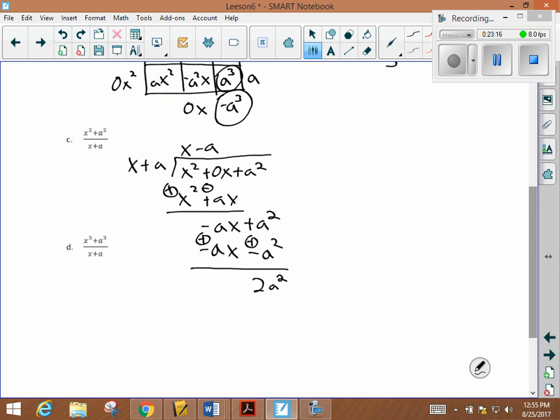There's a remainder. What does it mean if there's a remainder? We just talked about it, right? That means that x plus a is not a factor of x squared plus a squared.